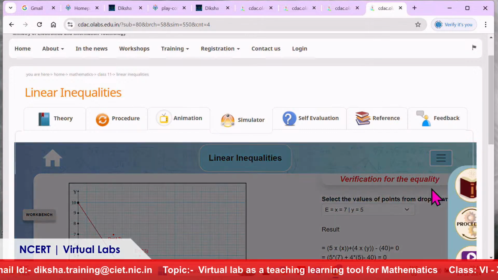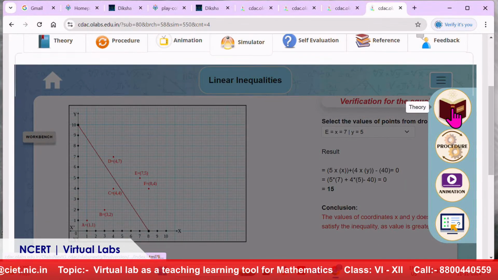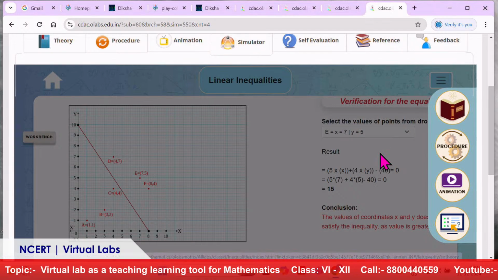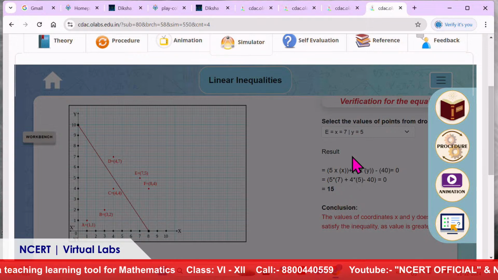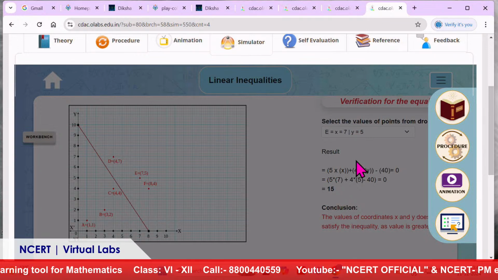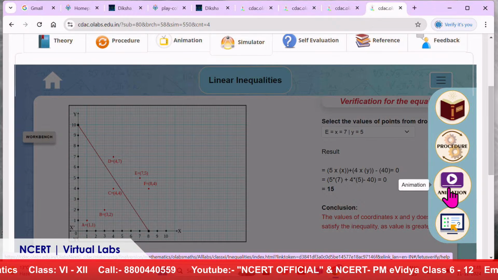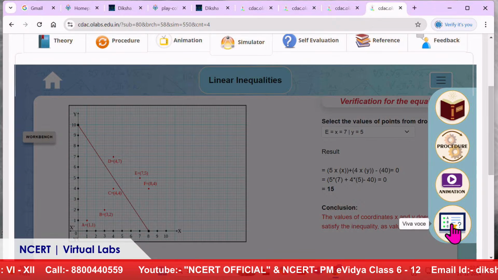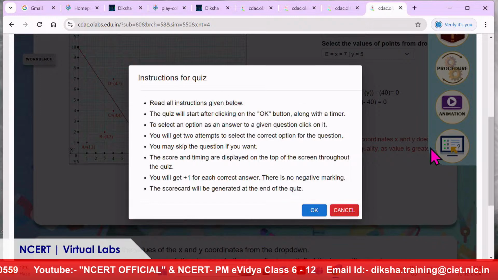Right. And after that you can see there is an option in some simulations that you can also use if you want to learn some concept about linear inequalities in between the experiment. You can go to the theory, procedure and the animation, and one more is the Viva Voce questions, and this is the instruction, this is a quiz.